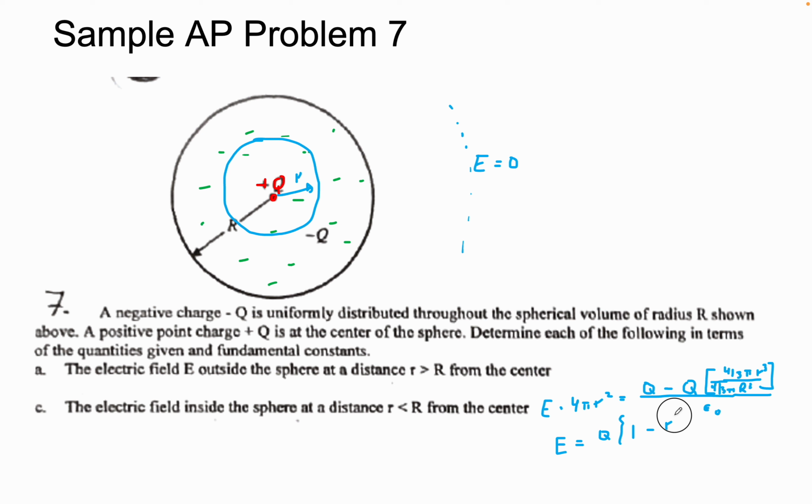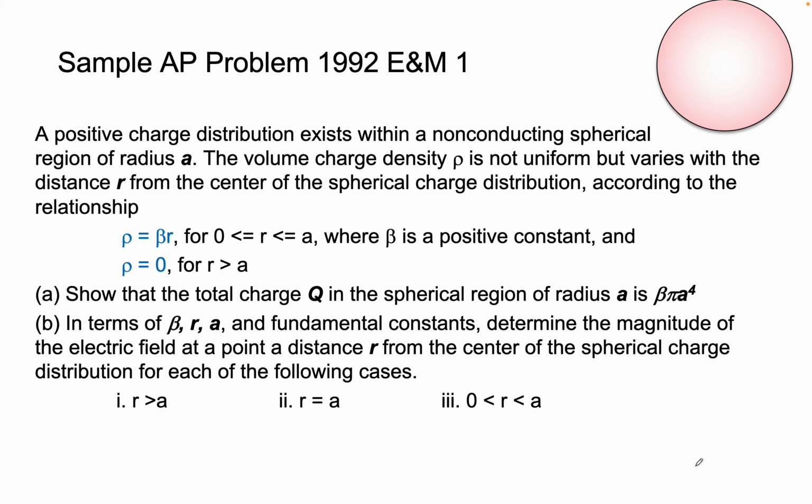R cubed over R cubed, all over 4 pi epsilon naught R squared. And I was trying to figure out if I can reduce that. I can't see it.